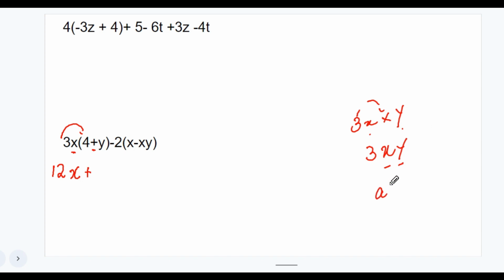Means if I say multiply apple and banana, you cannot multiply and you cannot even add them. Okay, so it means we can just write them with each other. That means 3 times 1 is 3, and x times y will give you simply x and y.